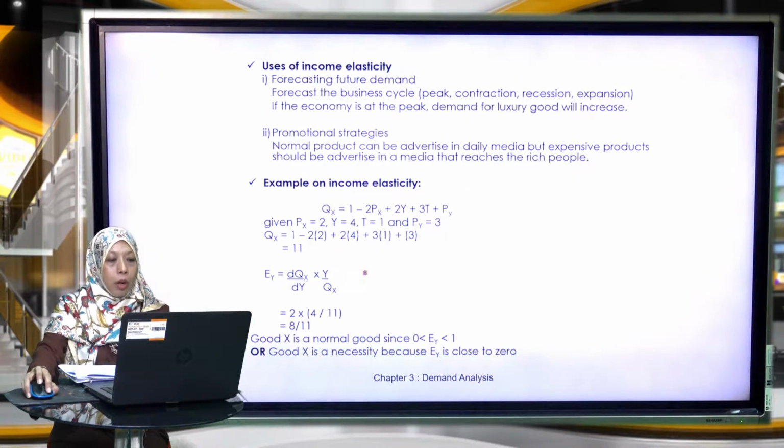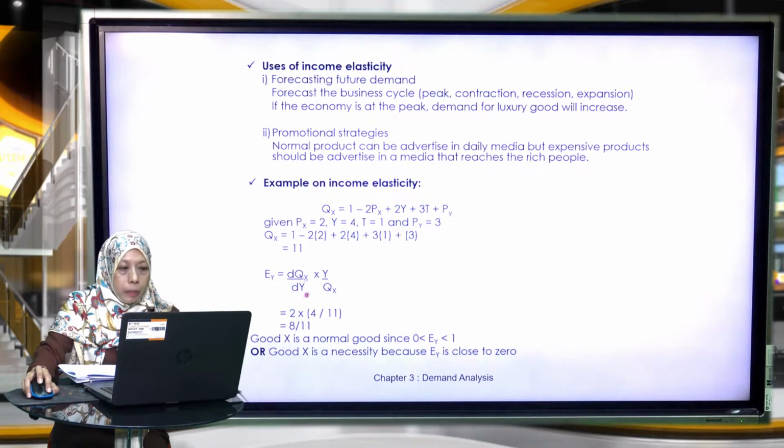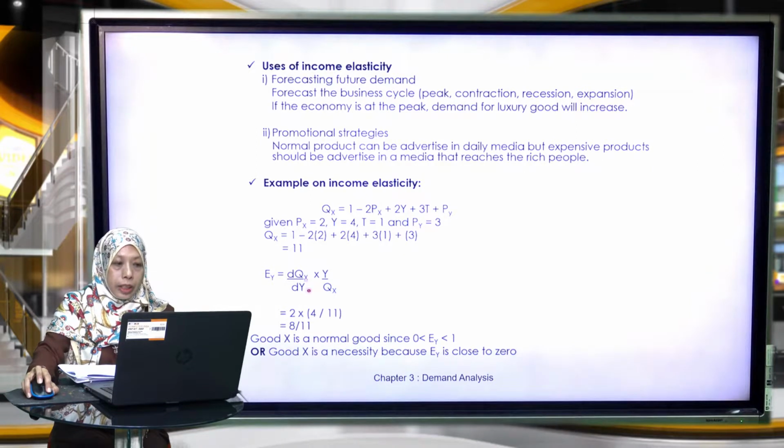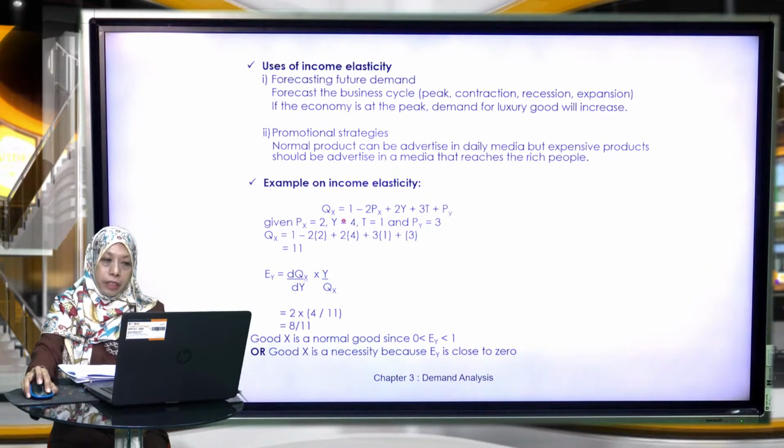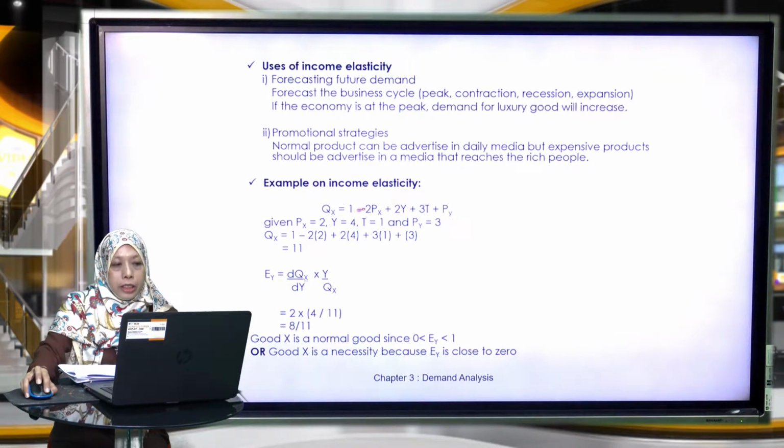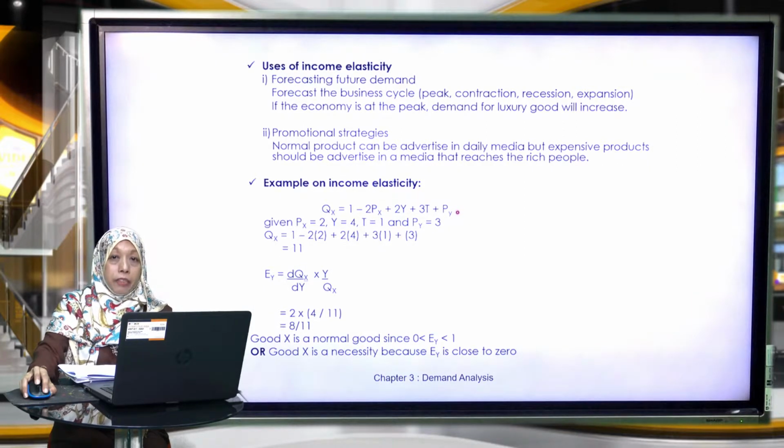Now what we would like to do is calculate our income elasticity of demand. The formula would be dQ/dY: you need to differentiate your Q function with respect to Y. Even though you have a multivariate function, when you differentiate with respect to Y, all the other variables you have to assume as constant. When you do that, you're going to get 2 as the derivative.